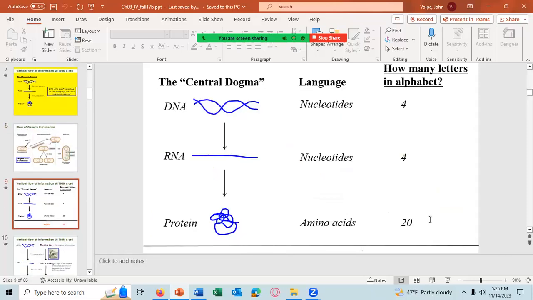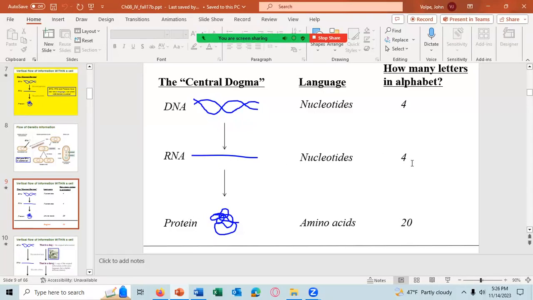All right, we talked about the central dogma before, and I mentioned that the information was stored in languages in the DNA, the RNA, and the protein. The language of DNA is the 4 nucleotides of DNA. And so we can say there are 4 letters in the alphabet of DNA. In RNA, the same information is stored in the nucleotides of RNA. And once again, there are 4 different nucleotides in RNA.